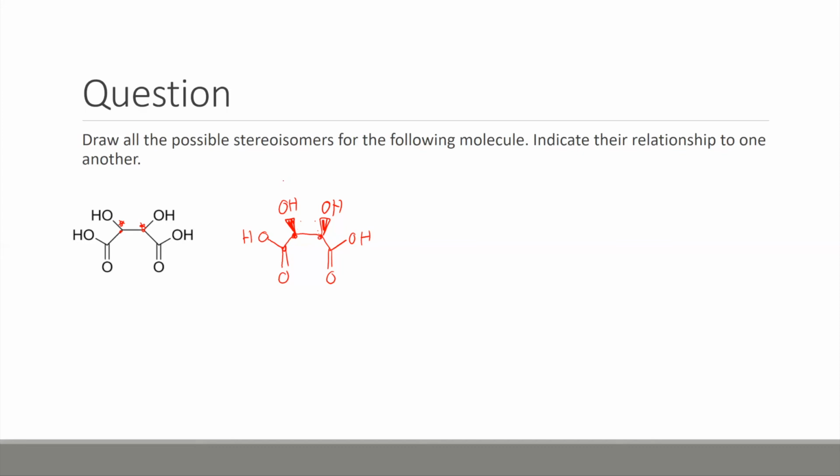So the priorities here would be 1, 2, 3. So it would go this way, which is counterclockwise, so this would be S. And our other carbon, it's kind of in the opposite position, so its priorities would be here, here, and here, 1, 2, 3. It's going to be going this way, which is clockwise, so this is R.